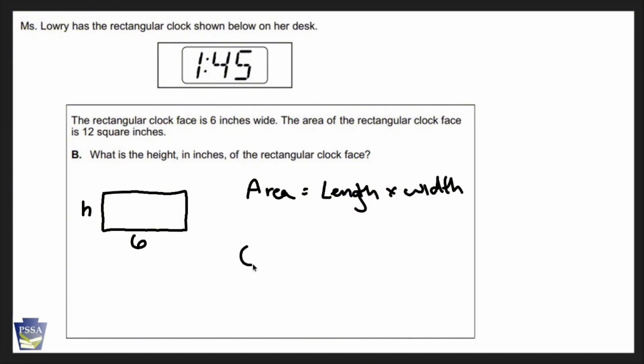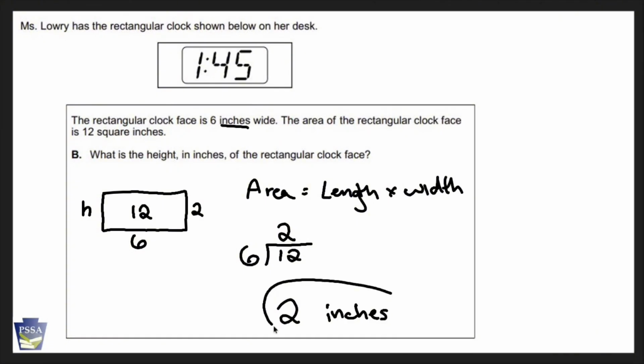So what we need to do is divide. 12 divided by 6 is going to be 2, because 2 times 6 is going to be 12. Since it says inches, we are going to say 2 inches. And that's going to be our answer.